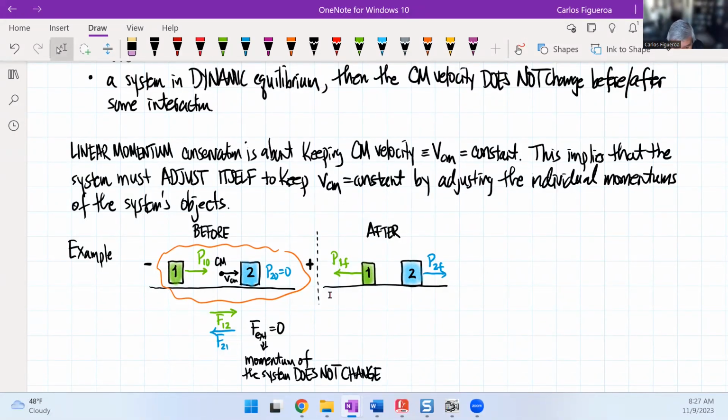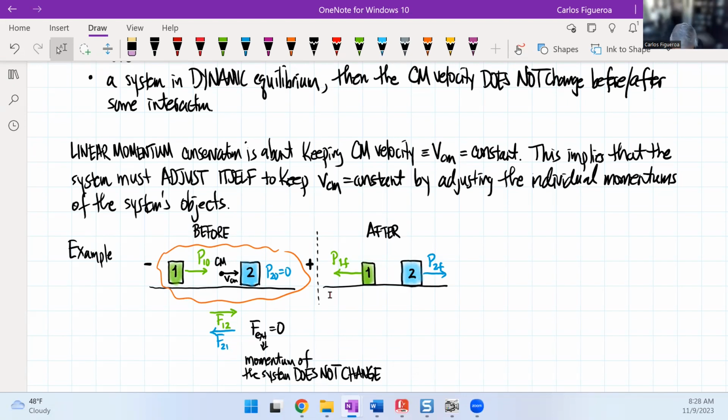So if I look at the center, the velocity center of mass is fixed, momentum implies that the momentums of the system will adjust themselves to keep the total momentum constant or the velocity center of mass fixed.